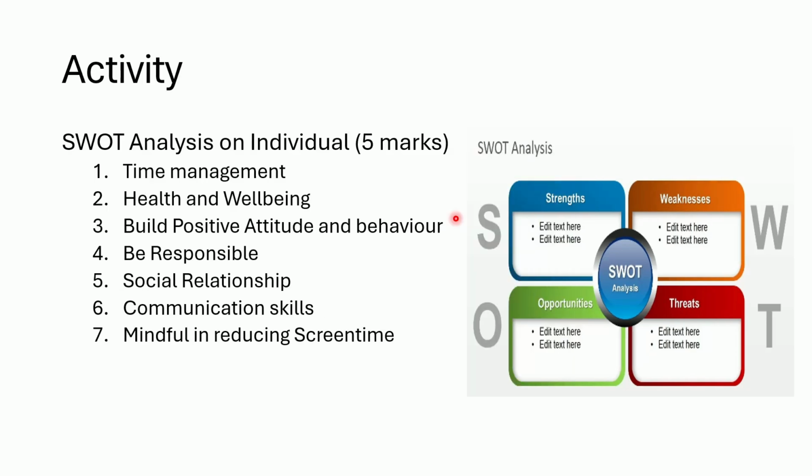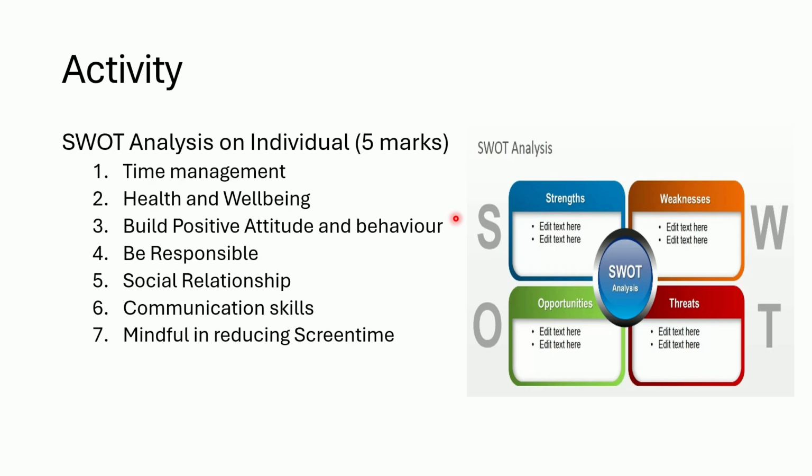SWOT analysis, the strength, weakness, opportunity, threat can be done for anything. In this, strength and weakness are internal factors that affect our task. For example, time management. Opportunity and the threats are external factors that affect our time management, like traffic conditions and vehicle repair, everything that is not in our control.